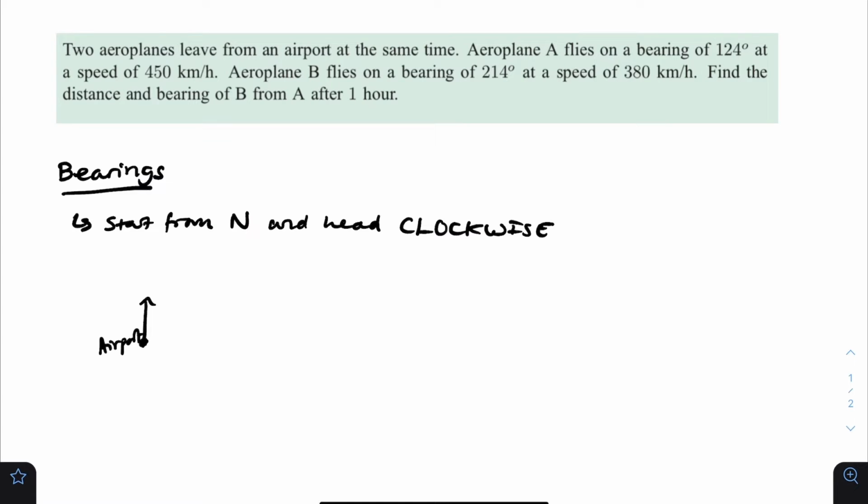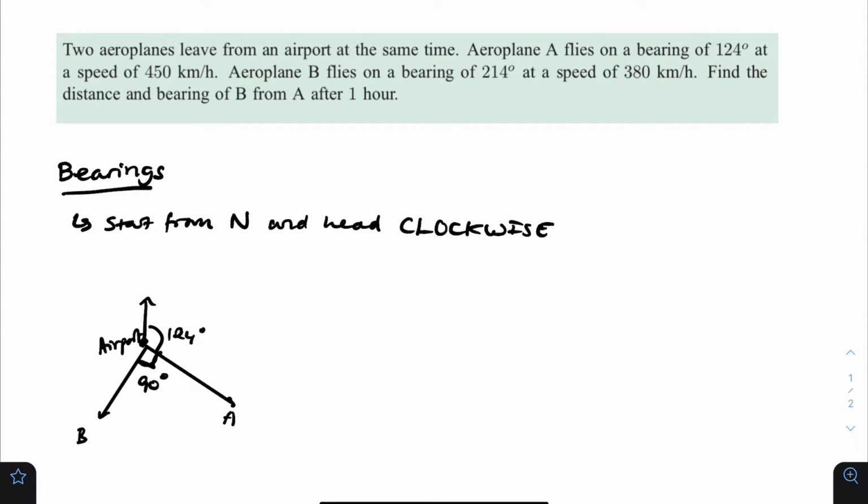Airplane A is going this way, 124 degrees, whereas airplane B is going this way, which is 214 degrees. So we can say that this angle over here is a 90-degree angle, actually, because 124 plus 90 gives you 214. It's saying find the distance and bearing of B from A after 1 hour.